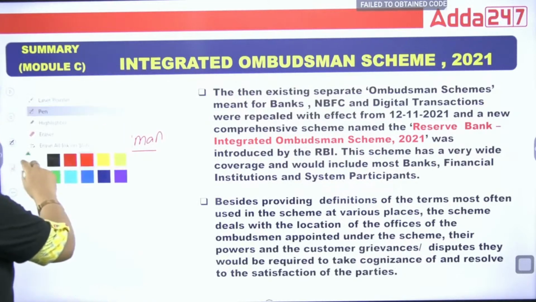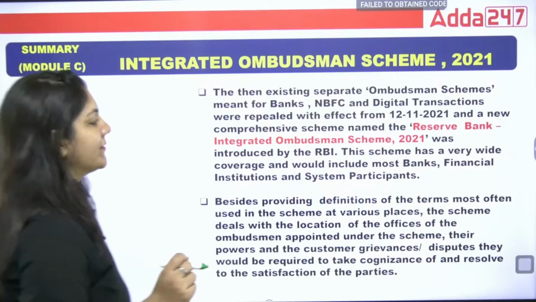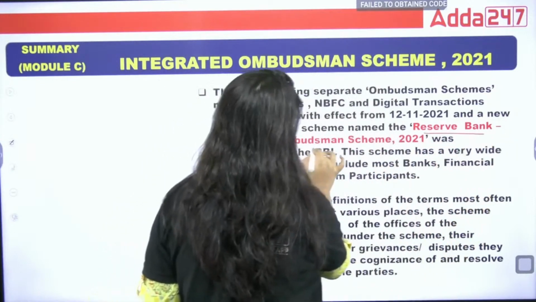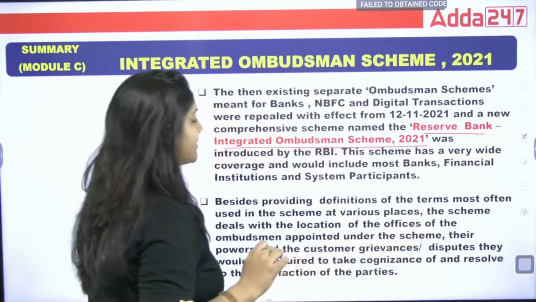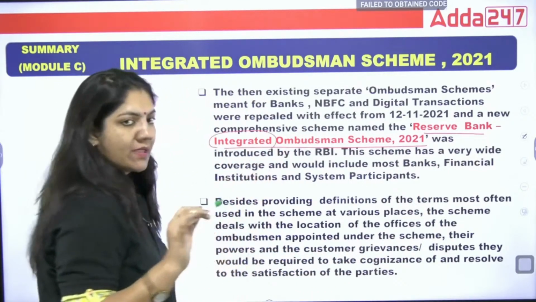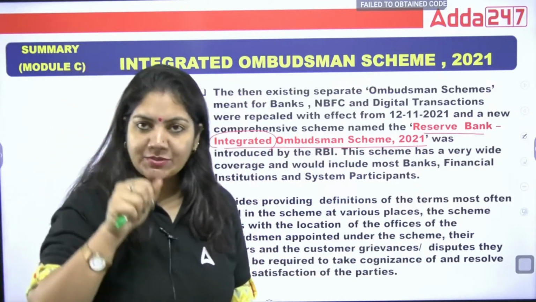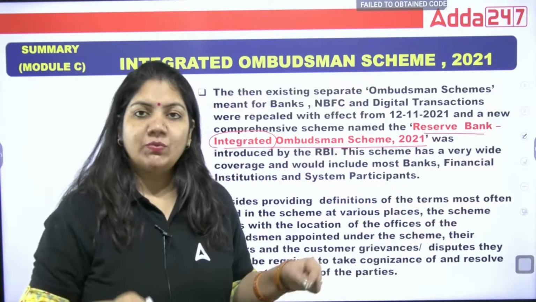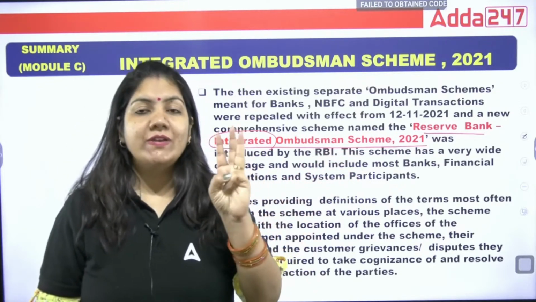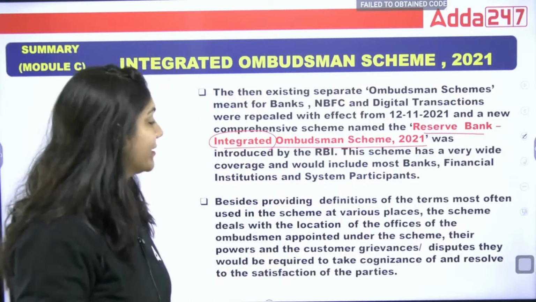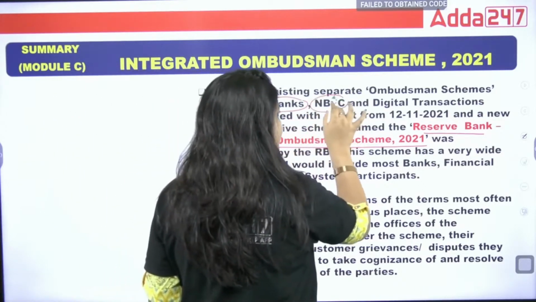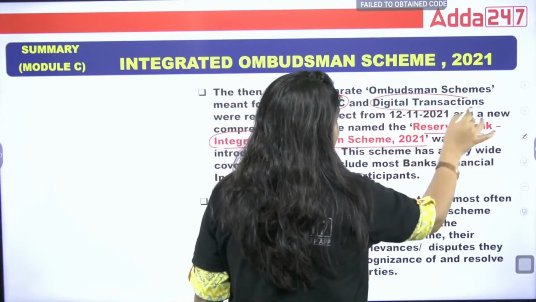In our act, we have to study the Reserve Bank Integrated Ombudsman Scheme 2021. What is integrated? Three acts have been merged and converted into one act. It means we no longer have to study three acts regarding the Ombudsman. What are the three? The Banking Ombudsman, the NBFC Ombudsman, and the Digital Transaction Ombudsman.